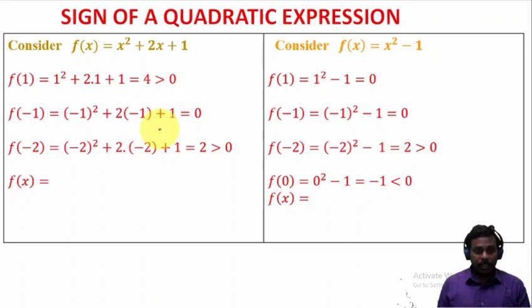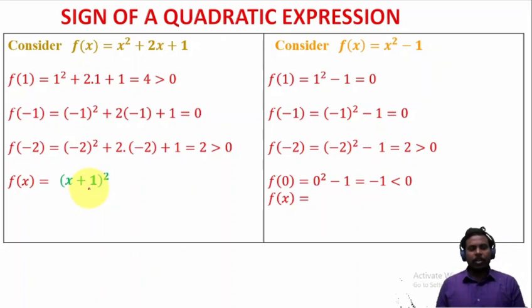Let me see whether our observation is correct or not. Now I can write my f of x as x plus 1 whole square. Now you can tell, whatever the real number I am substituting in this expression, this is going to be positive. When x is equal to -1, this has become 0, that you have seen.